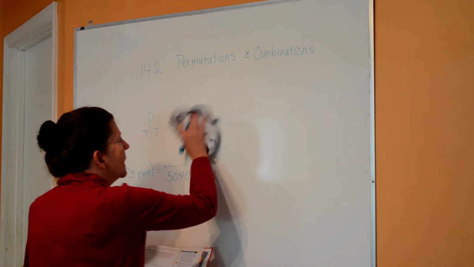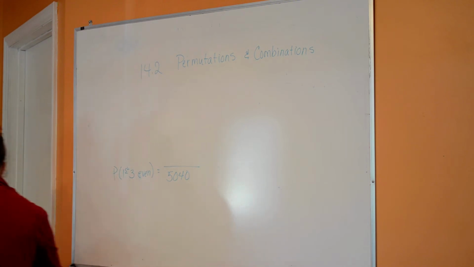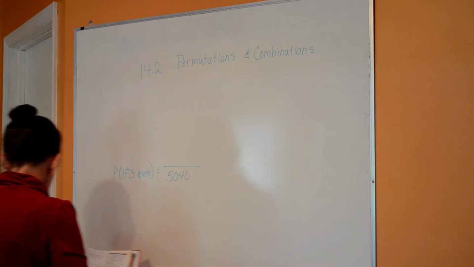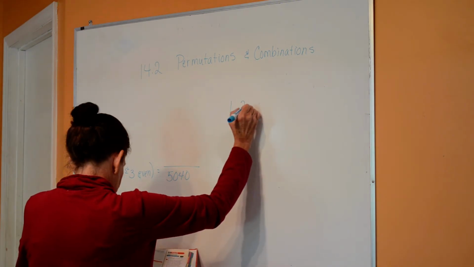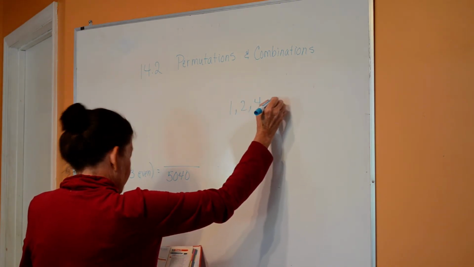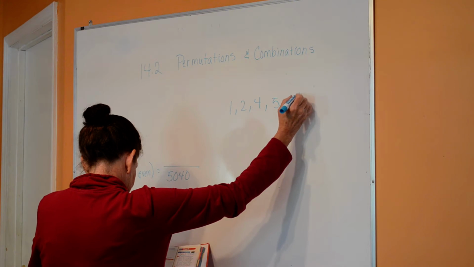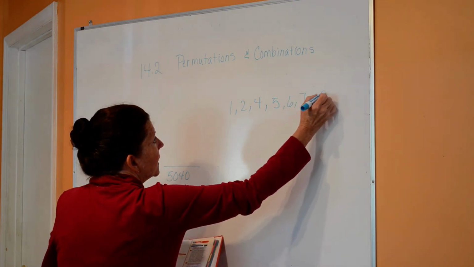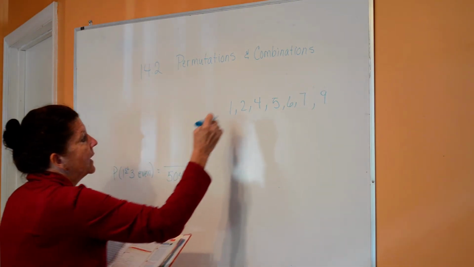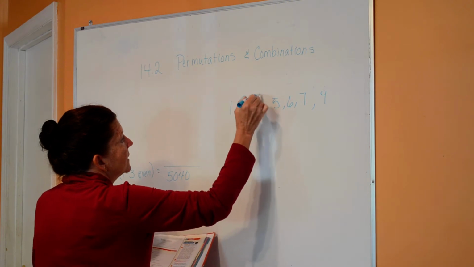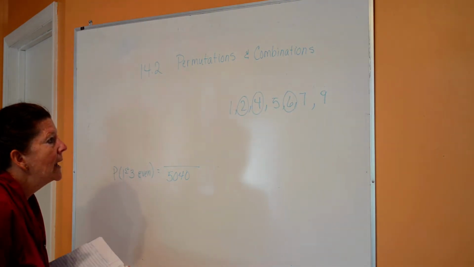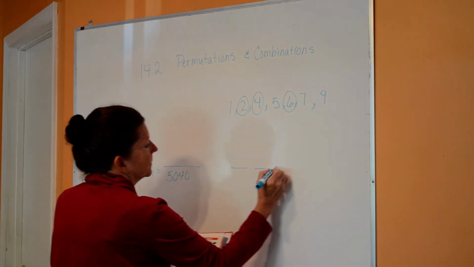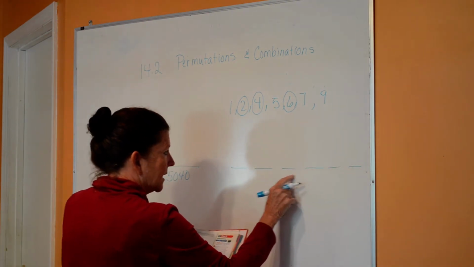Well, if you go back and look at the numbers, you have the numbers 1, 2, 4, 5, 6, 7, and 9. And I want to know the probability of even numbers. So that's an even number, that's an even number, and that's an even number. So basically I'm looking for successes here.